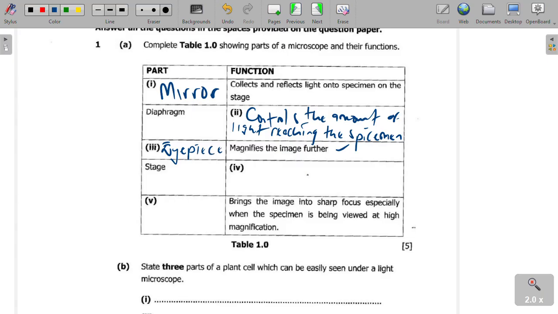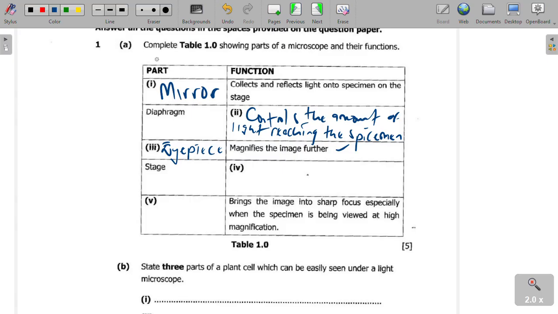The eyepiece magnifies the image further. So these are the functions of the parts of the microscope. You can see that this topic is coming from plant and animal cells. You need to know your microscope in order to use it effectively during your biology practicals.